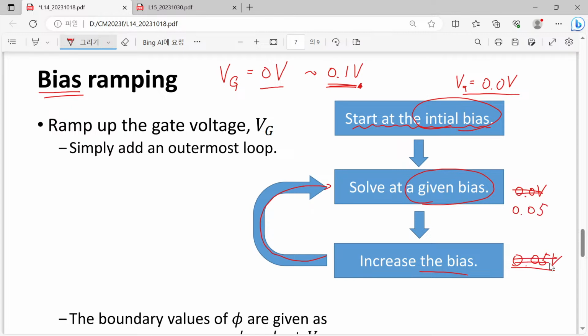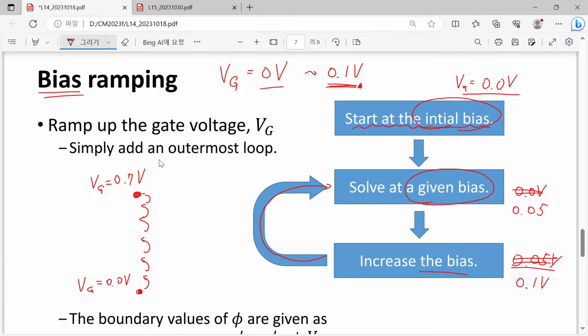After that, increase the bias to 0.1 volt and try. Let's say your final goal is 0.7 volt. You always start from 0.0 volt and incrementally increase the gate voltage to eventually arrive at your target voltage of 0.7 volt.